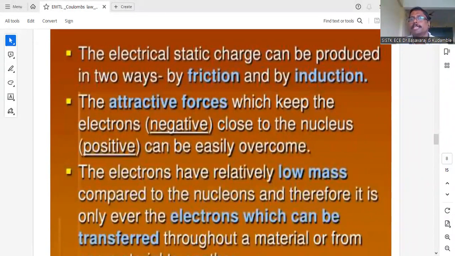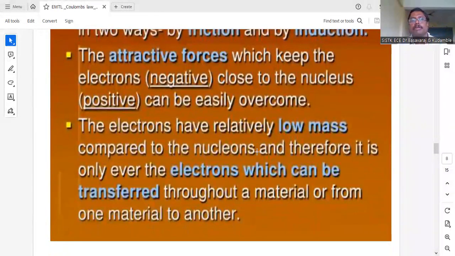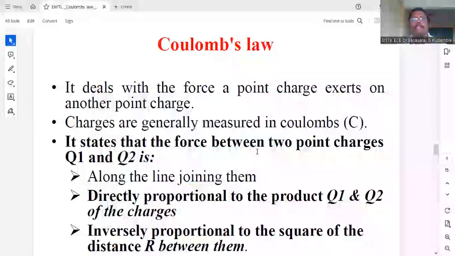One is by friction, another one is by induction. These attractive forces which keep the electrons close to the nucleus can be easily overcome. The electrons have relatively no mass compared to the nucleus. Therefore, it is only ever the electrons which can be transferred throughout the material or from one material to another.